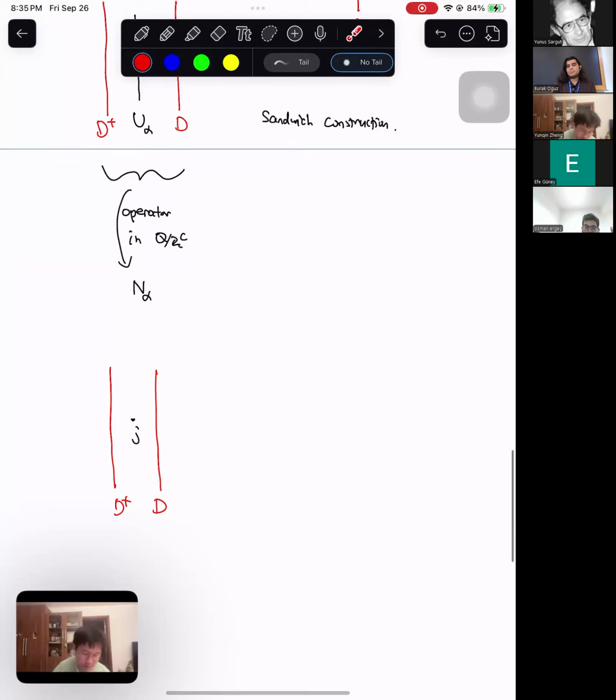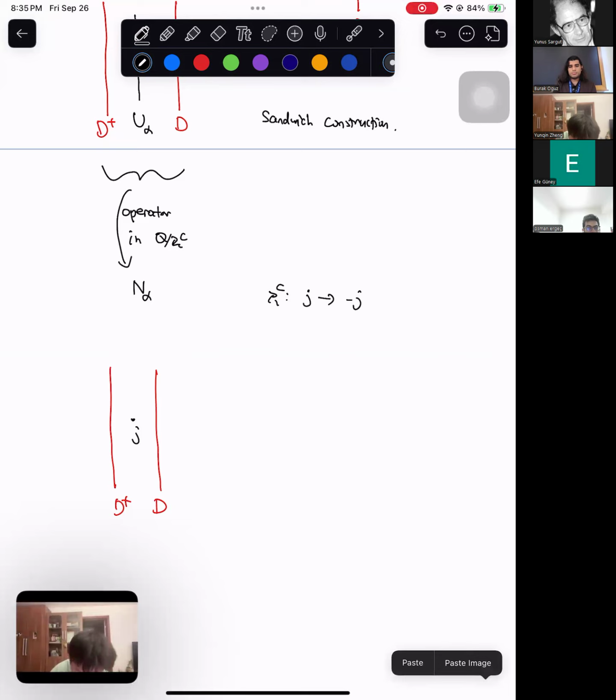Well, earlier I said that under the Z2 charge conjugation, J gets mapped to minus J, which means that J is an order parameter of the charge conjugation.